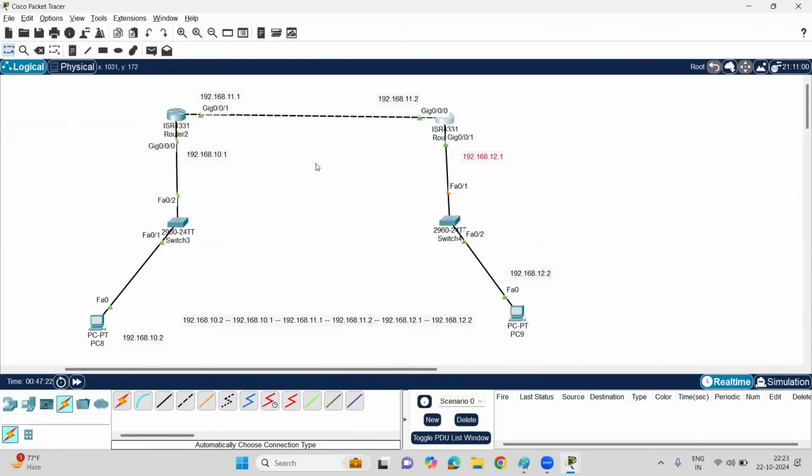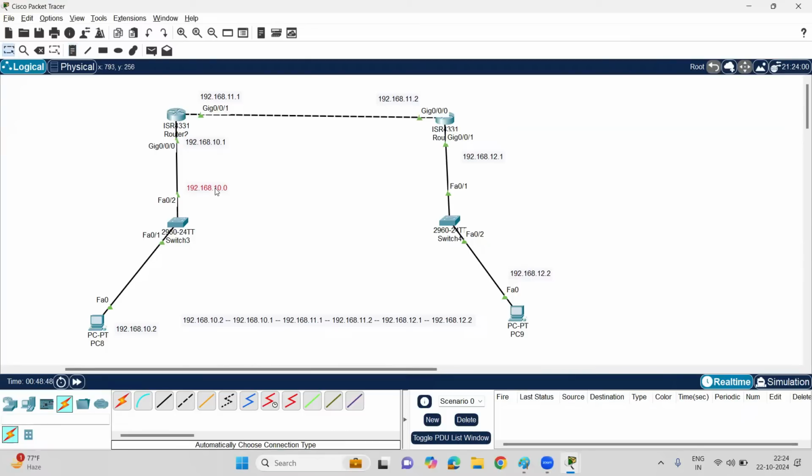Clear? Now what happens? If I go to this router and ask how many networks it knows. Let me ask you a question: between 192.168.10.1 and 10.2, what is the network ID of these two? 192.168.10.0. This is the network ID for both of these.